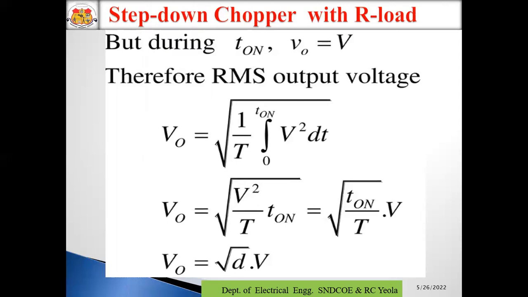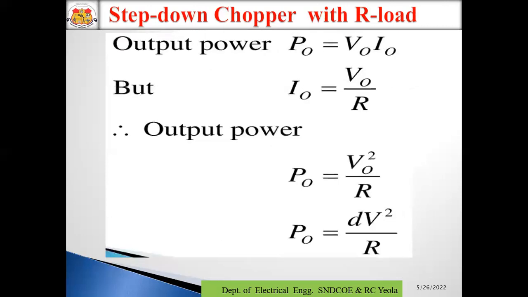During T on, V0 is equal to V, and therefore the RMS output voltage will be V0 is equal to the square root of 1 upon T integration of 0 to T on V square dt. Putting in the value of V, we find the RMS output voltage V0 is equal to the square root of D into V, where D is the duty cycle, as we already discussed.